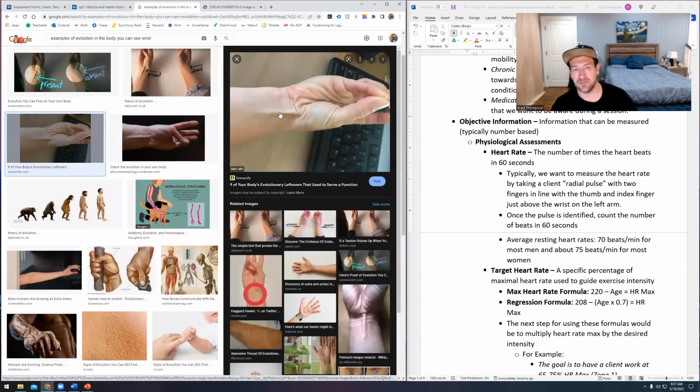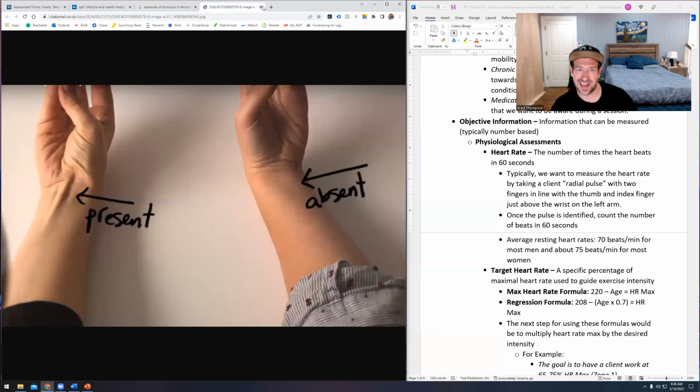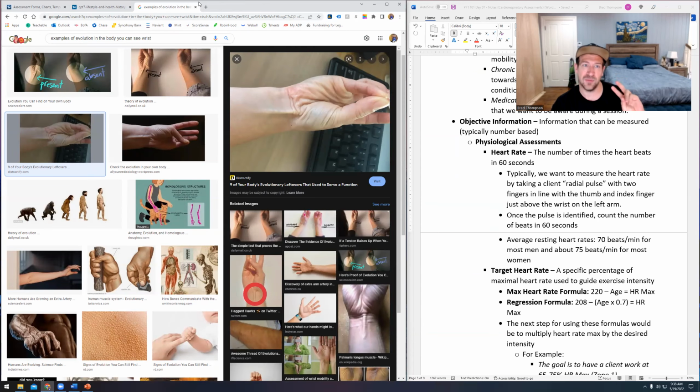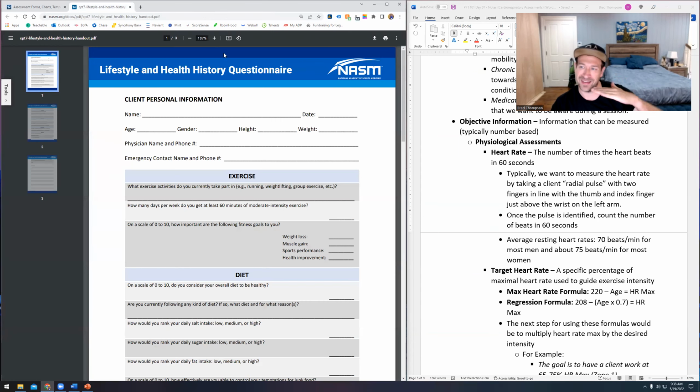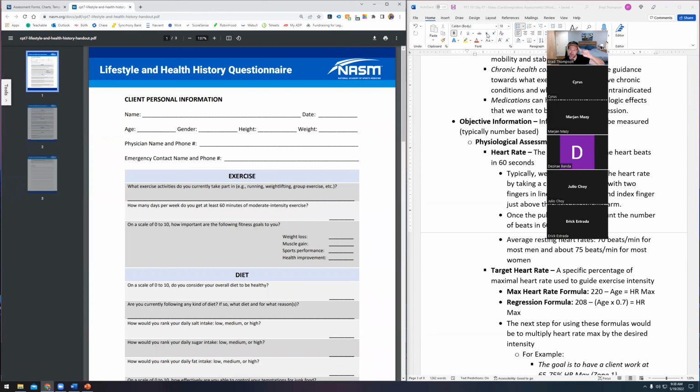So what you'll find is some people have one big thick band, and other people will have one really thick one and one really thin one that you can't really see as well. And that's actually a sign. If you have two, you might be a little bit lower on the evolutionary chain than somebody who has just one big thick one. Because it's what we call vestigial.